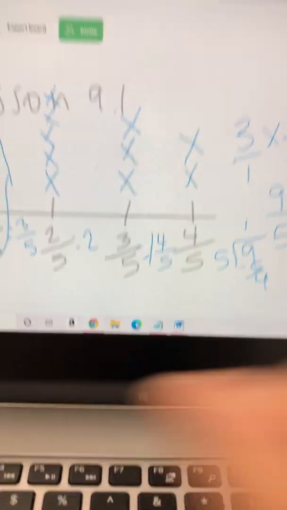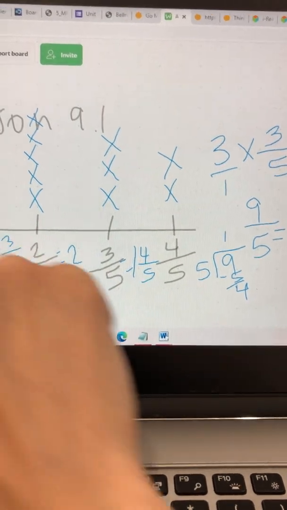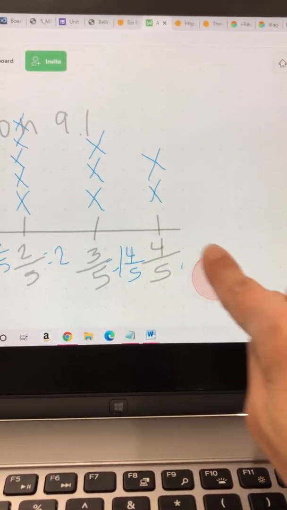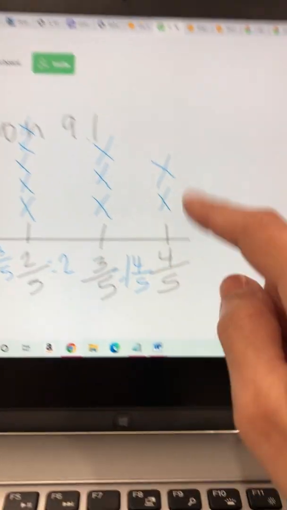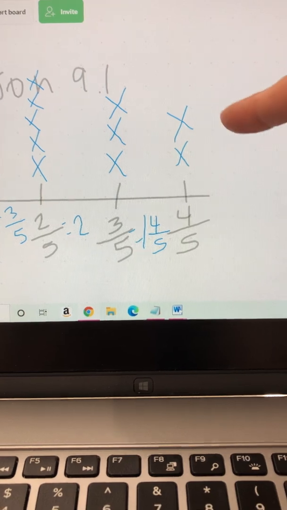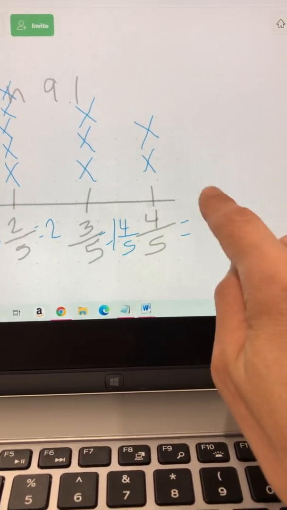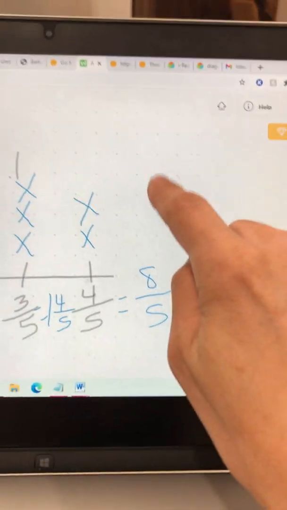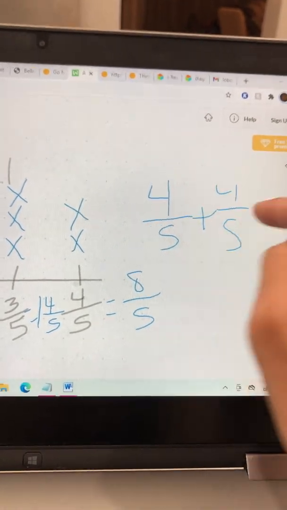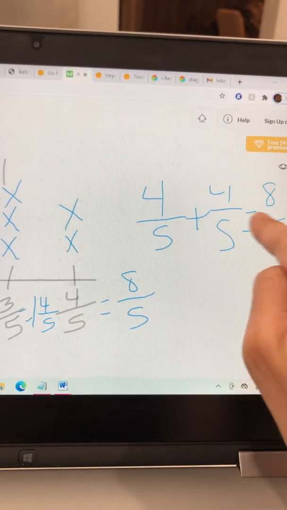Now let's go to 4/5. Let me erase this, work over here. Okay, now for 4/5, the total is simple. We only have 2. So 4/5 plus 4/5 is going to be 8/5.